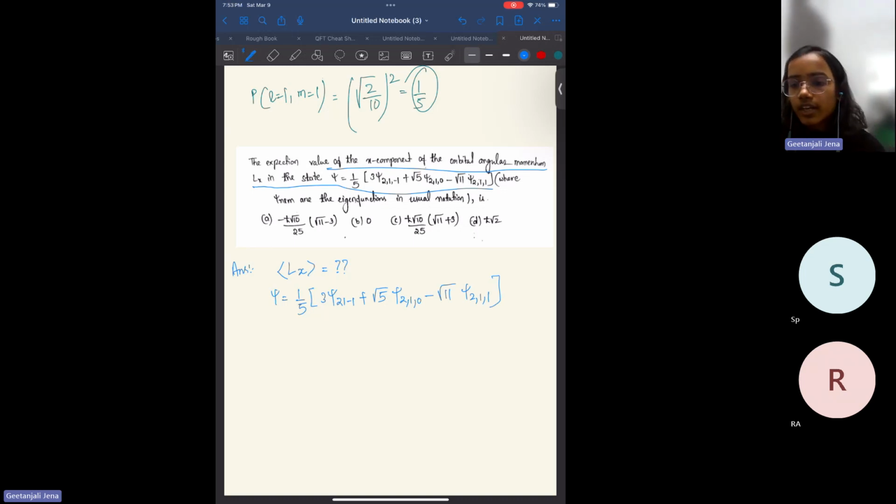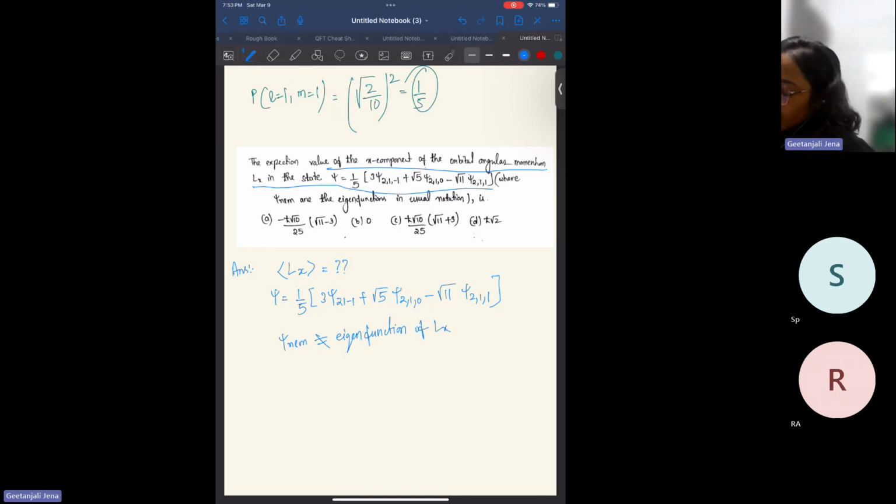For L² and Lz, it's easy. You just have to find out the n, l, m. For L², you have to find out l, and for Lz, you have to find out m. But for Lx, you know that psi_nlm is not an eigenfunction of Lx.